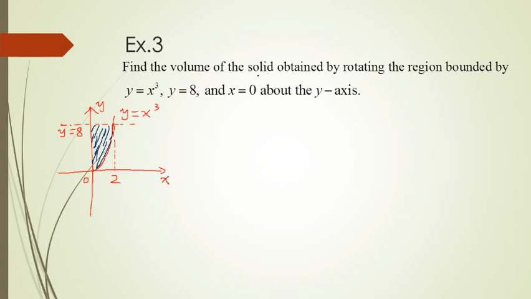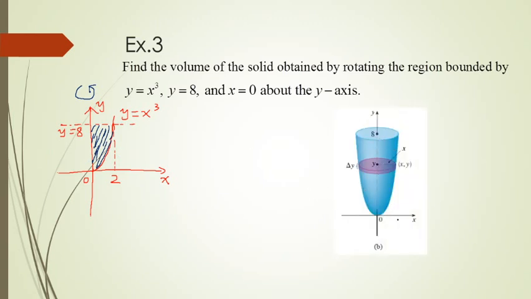Find the volume of the solid obtained by rotating the region about the y-axis. I'm going to draw this rotating sign. Rotating this part about the y-axis, you will get this one, like a goblet, like a cap.